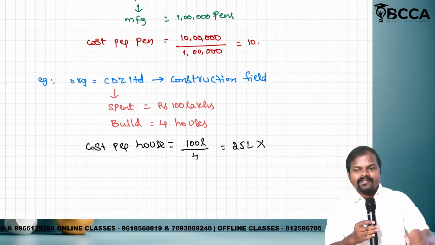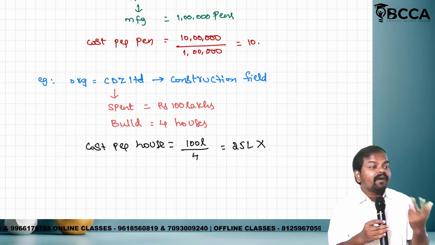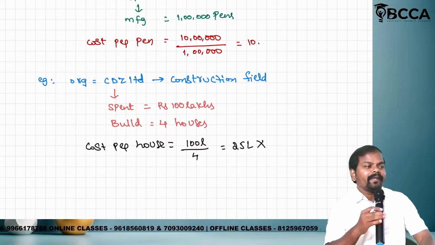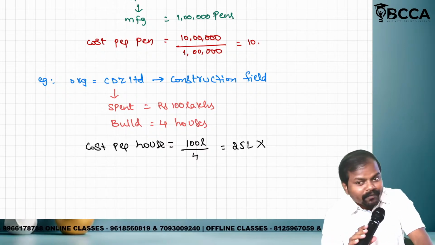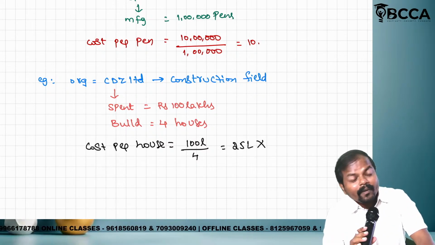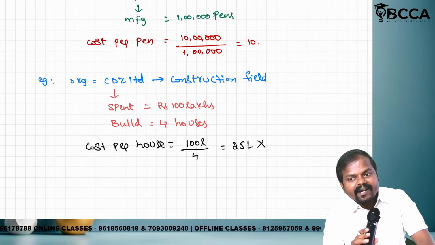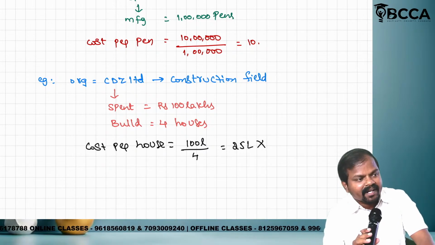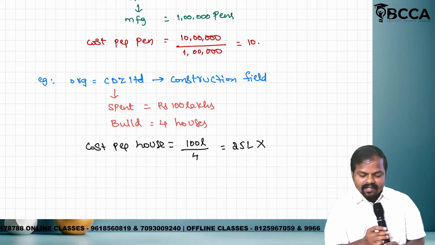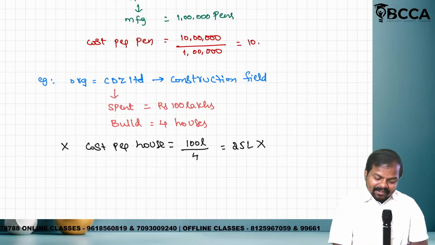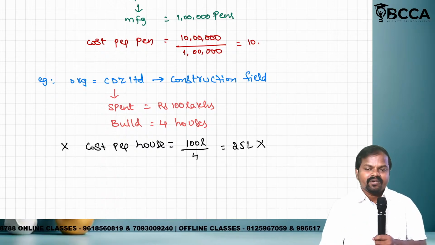One house is a duplex house, one house 3 BHK, one house 1 BHK, and one more house 2 BHK. Now tell me, 25 lakh? No, why? See, each house has different dimensions, each house has a different construction cost. That is the reason we can't do 100 lakh divided by 4 equals 25 lakh.